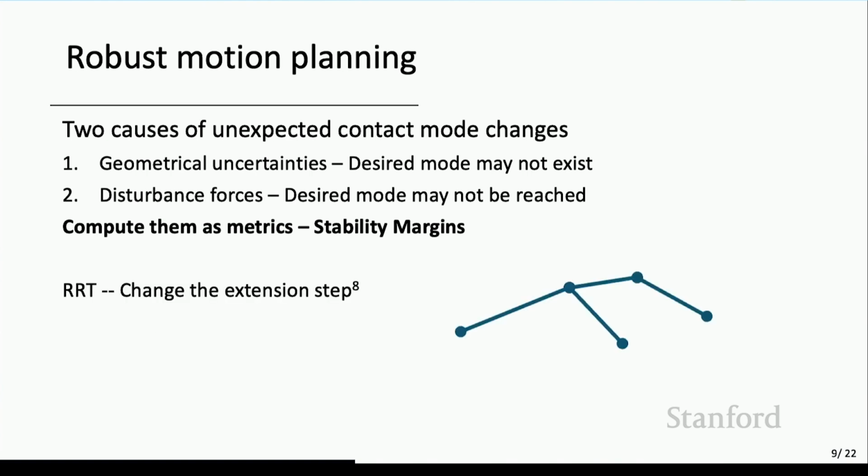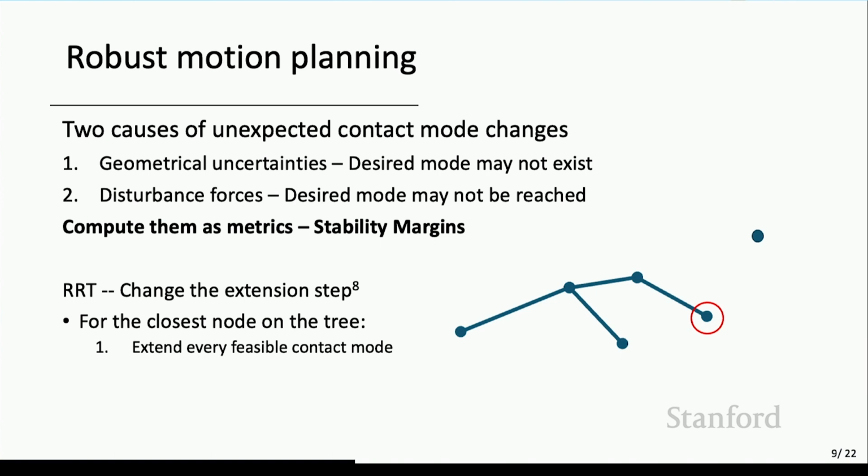Then we can use this stability margin in a sampling-based planner, for example the typical RRT-style planning, where you start with a tree in your state space. You randomly sample a state in this state space and try to find the state on the tree that is closer to the randomly sampled point. This is a typical RRT. We change the extension step.